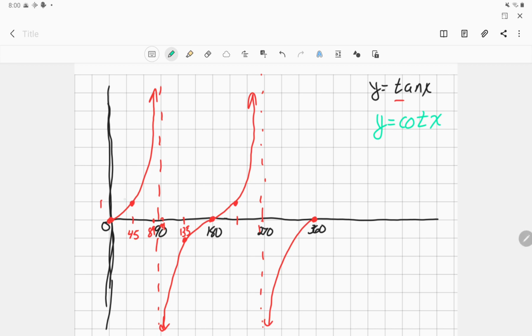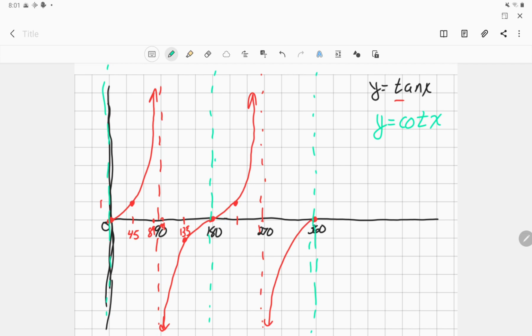So wherever the graph is at 0, you have an asymptote. So the graph is 0 at 0. So for cotangent, there's an asymptote. Here at 180, it's at 0. So we have an asymptote. Here at 360, it's at 0. So cotangent has an asymptote.